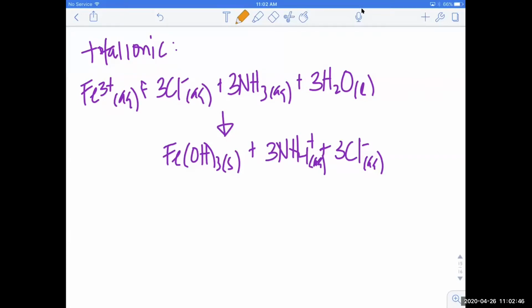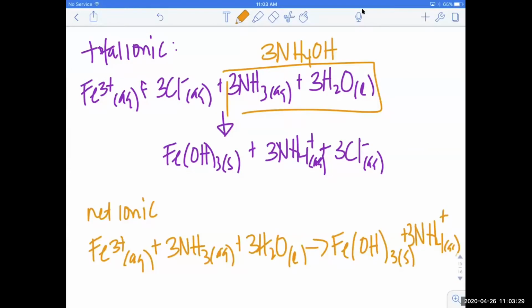And then to do our net ionic, so remember, this is the piece that was NH4OH, and then to do the net ionic, you can go ahead and pause the video and make sure that your answer matches mine. And we have one more reaction to go.